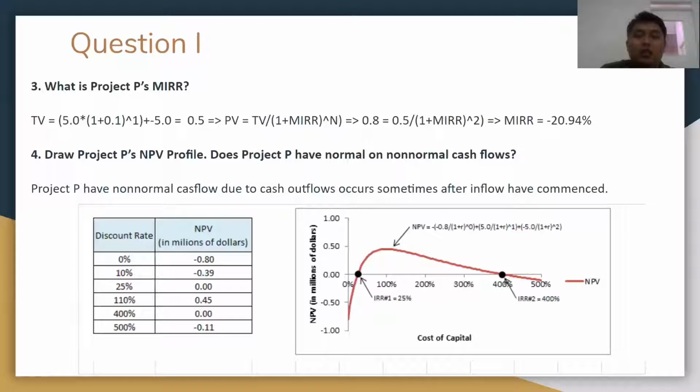This is the plot of the NPV profile for project P. We can see that there are two points, that is IRR 25% and 400%, where NPV is 0, because project P has non-normal cash flow, since a cash outflow occurs sometime after an inflow. So the result is a graph that gives an asymptotic shape.